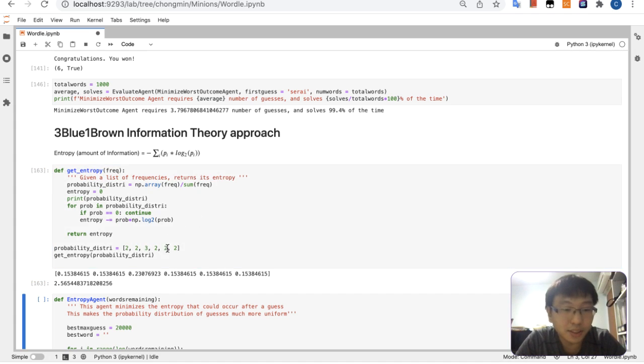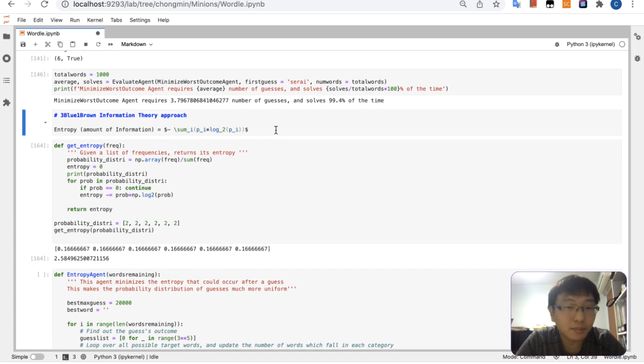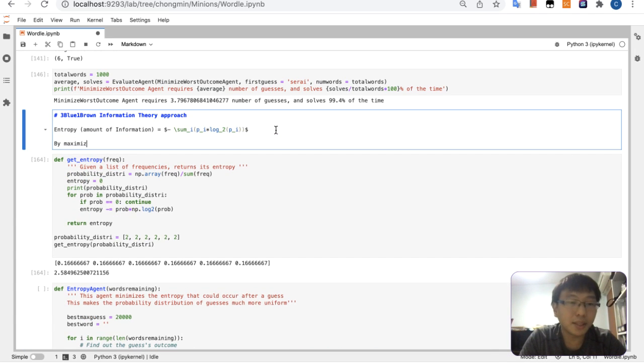So actually this is correct. We are supposed to maximize the entropy, and then this would happen. By maximizing the entropy, we get a flatter probability distribution over all possible guess outcomes.